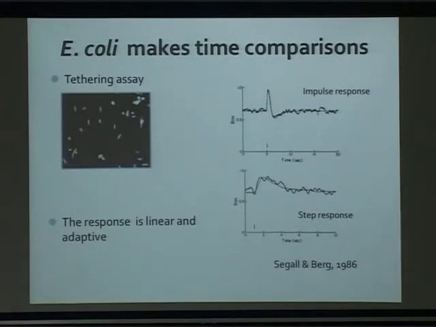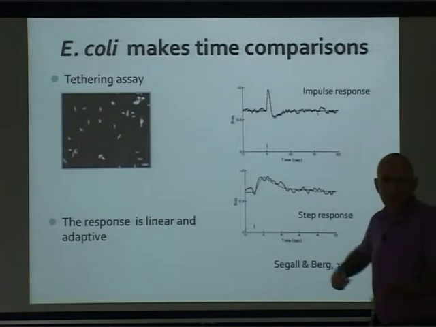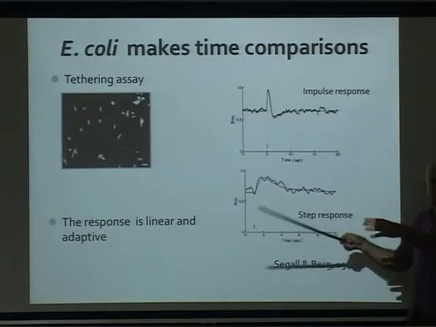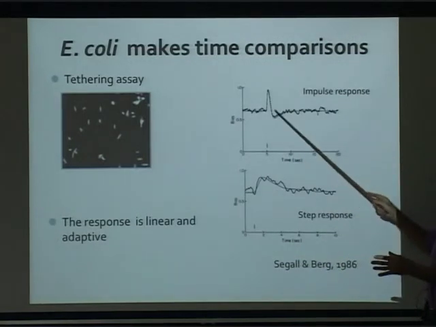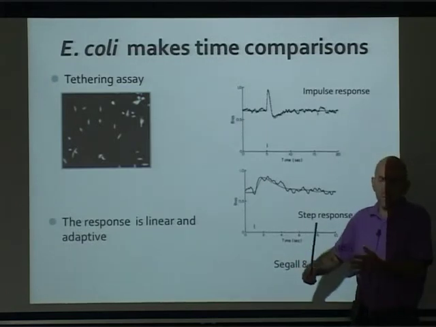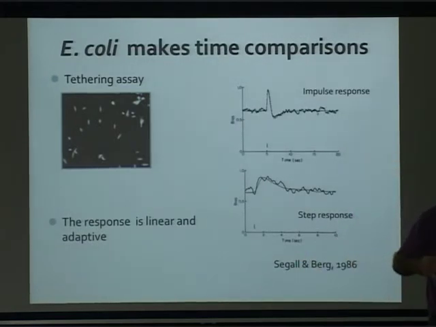At the level of trajectory, so bacteria in the wild, what happens is that they use this time differencing algorithm in order to make runs longer when they go in the right direction. So if they are swimming and the concentration is increasing, this response tells that they are taking differences, and if the gradient is positive, if the concentration is increasing in the right direction, they will increase the duration of a run.